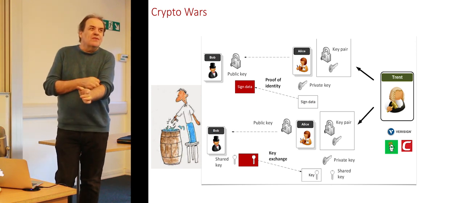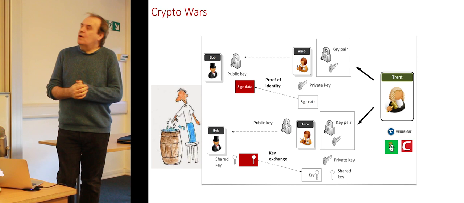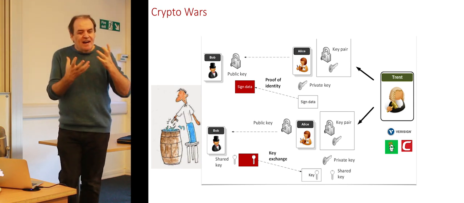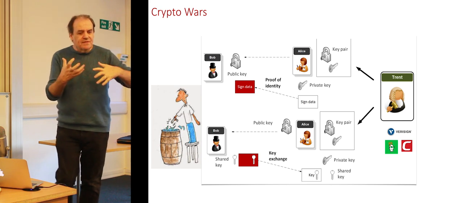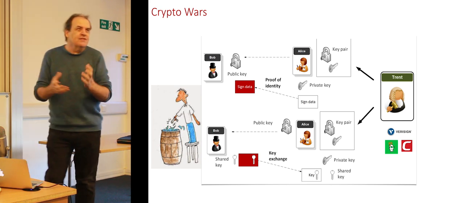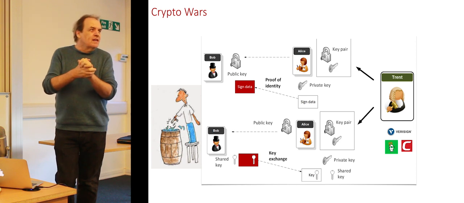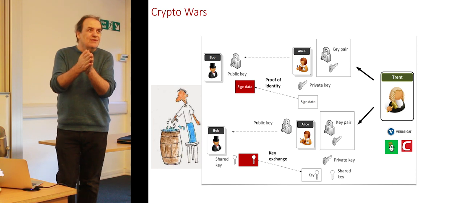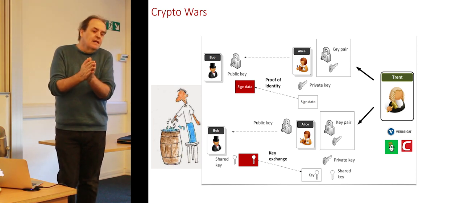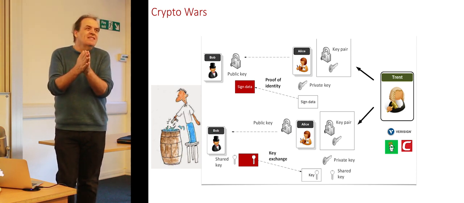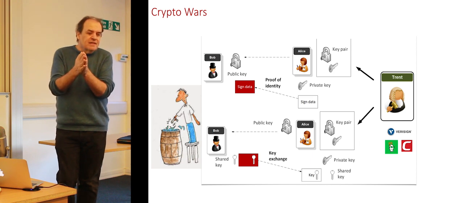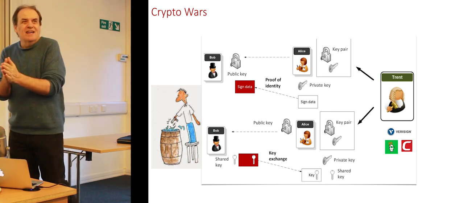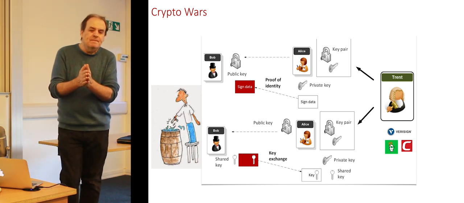And just now, we're going through a period of what would be called crypto wars. So there's a challenge between the rights of people to privacy and secrecy against the rights of society to protect itself against those who might do it harm. And obviously for centuries, governments and agencies have been able to listen to secret communications through the postal service and so on.